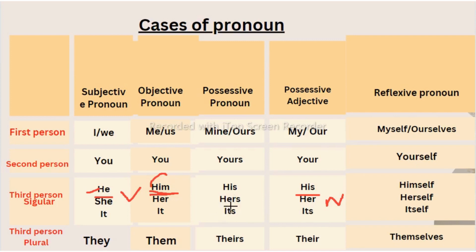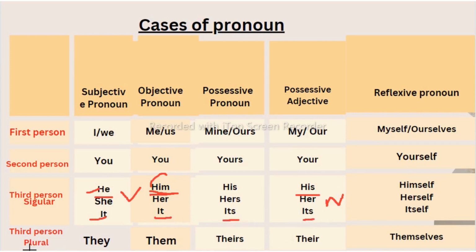This college is hers. Directly we can say this. But here, her college, we need to mention a noun in the possessive adjective. And along with this, in the subjective pronoun we use the term it. And in the object also it will remain it only. In the possessive pronoun it's, and in the possessive adjective also it's.